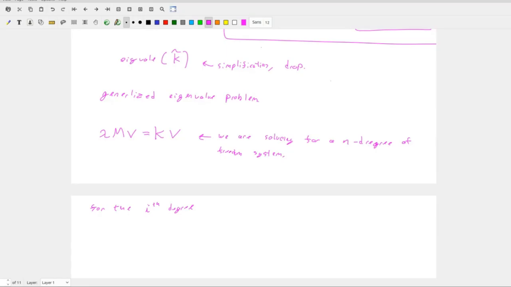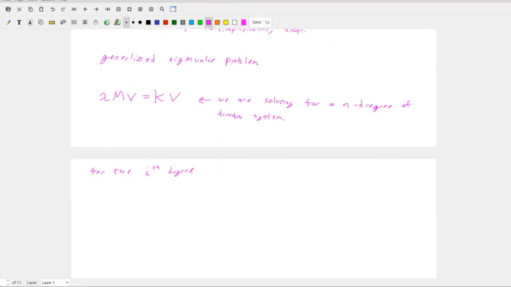Okay, so for the ith degree, we can break this system up into this linear expression, which is omega i, the natural frequency of the mode we're worried about, squared, times our mass matrix, times our eigenvector i, it's a vector, so it gets an arrow, equals K times the eigenvector.